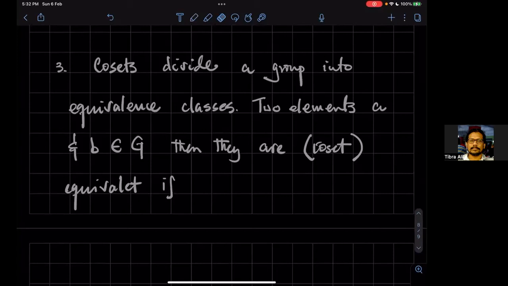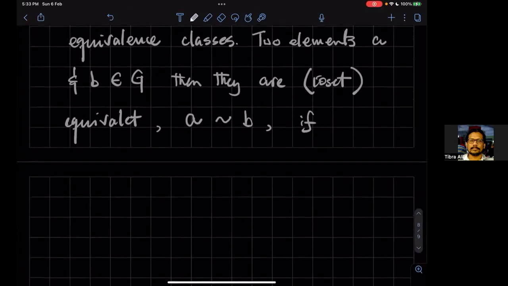We write A is equivalent to B if A can be written as B times h for some h in big H, right? Do you agree? Because that means A and B are in the same coset.